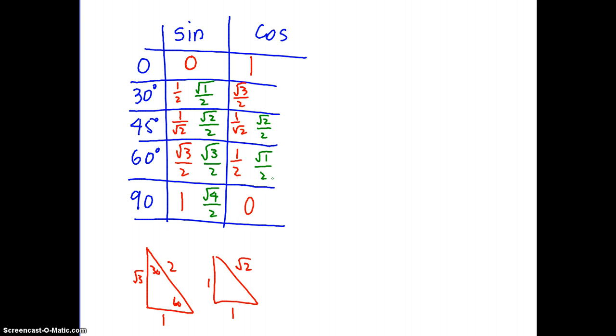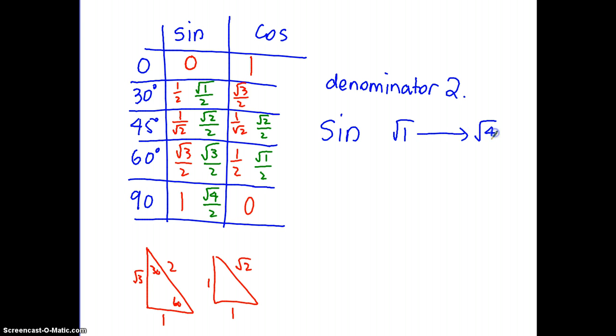Look at the denominators. The denominators are all 2's except the 0 and 1. So the denominator is 2. Now have a look at the sine angles. We start at 1, root 1, root 2, root 3, and if you wanted to, root 4. So sine goes from root 1 to root 4.